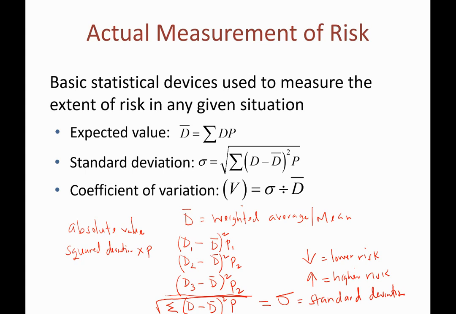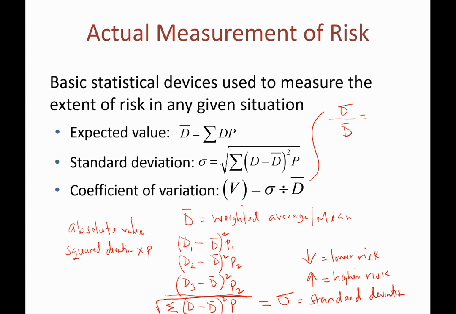And then the other statistical method we use is the coefficient of variation. What you're doing is taking your standard deviation and dividing it by the expected value, that's the mean, and this gives you another, more clear measure of risk.